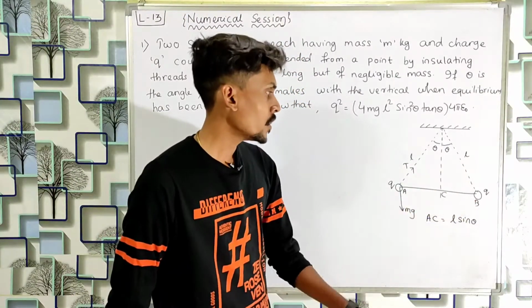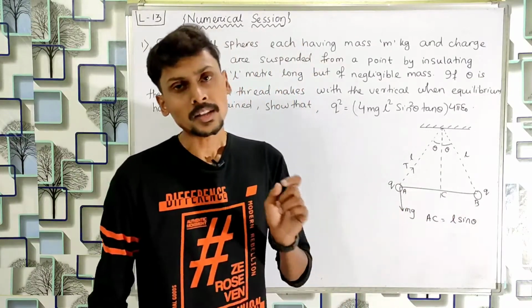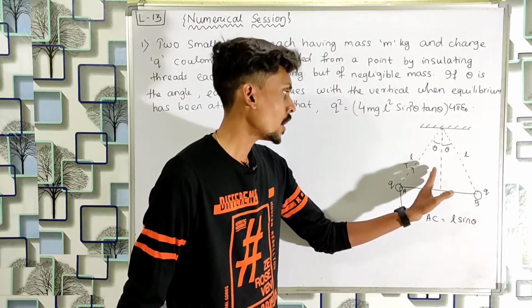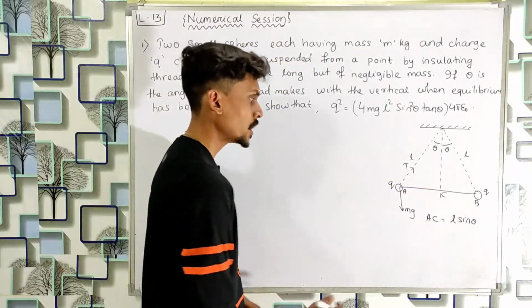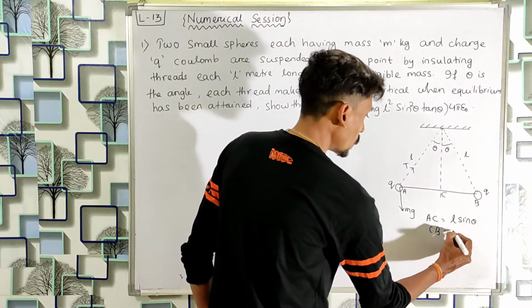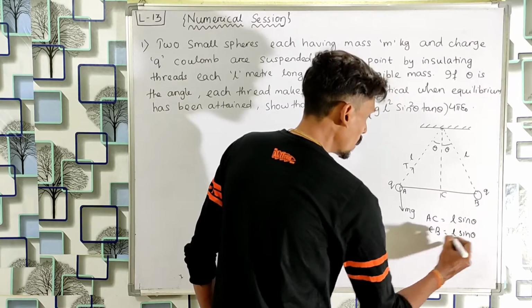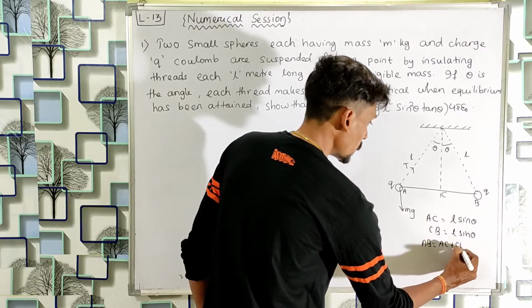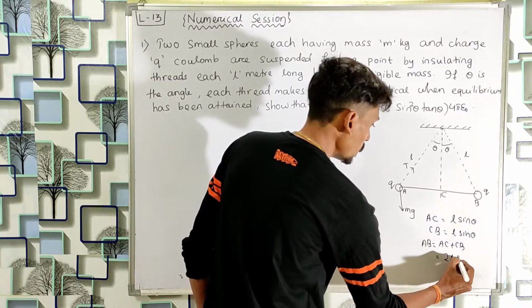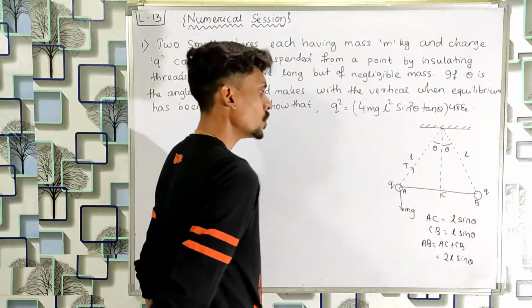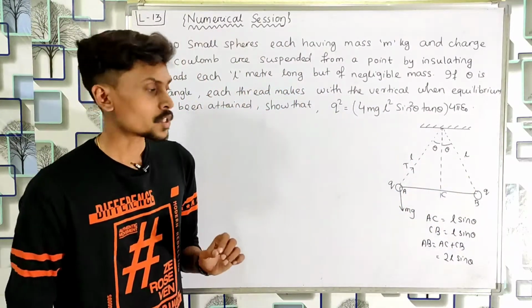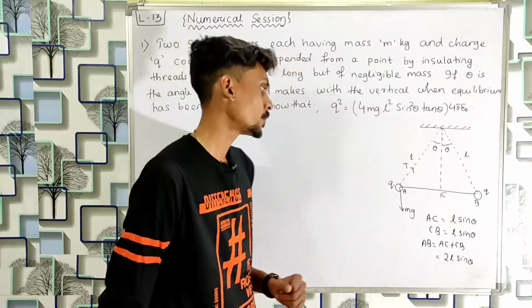Similarly, in this triangle, CB will be the same L sin theta, because these two triangles, they are congruent. So CB is also equal to L sin theta. So what will be AB? AB will be AC plus CB, that is equal to 2L sin theta. So the distance between the two spheres under equilibrium condition is 2L sin theta.